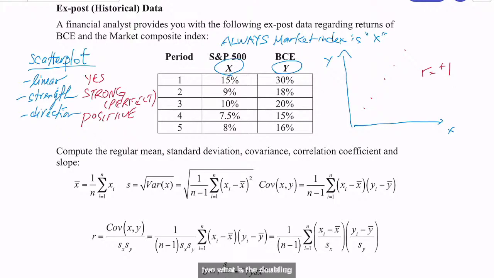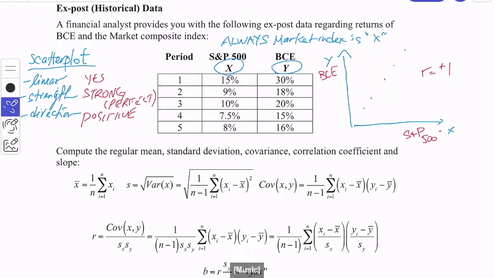What is 2? What is the doubling? What does the doubling mean?